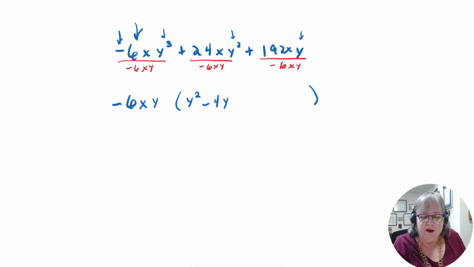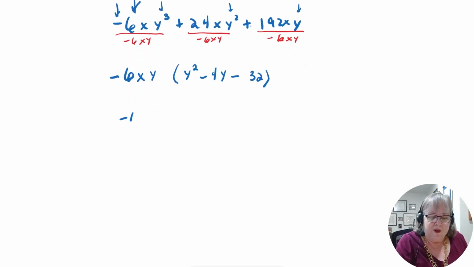Okay, a positive divided by a negative is a negative. 192 divided by 6 is 32. Had an x and I took it out, had a y and I took it out. So I didn't need to be this long about it. I could just put it right there. Don't forget this negative 6xy and drop it along the way.